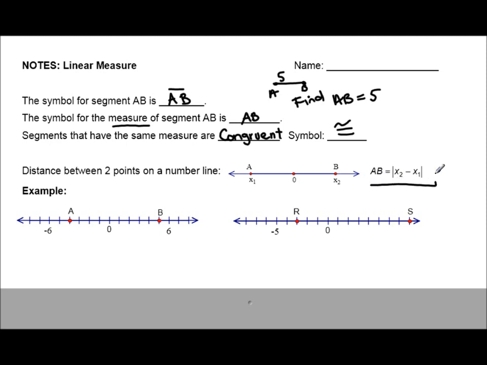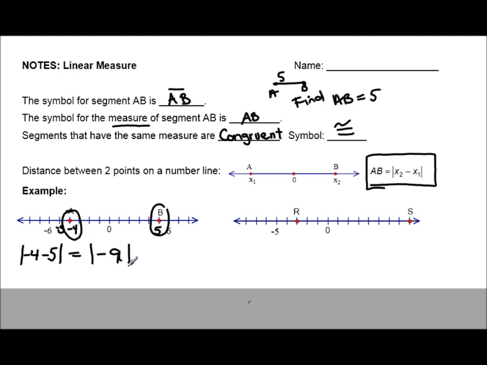So the formula that we use to find distance on a number line is we take the absolute value of the difference of the two values. So here we have -6, -5, -4, and this point would be 5. So we're going to take the absolute value of point A, which is -4, and subtract from it point B, which is +5. That's going to give us a -9.